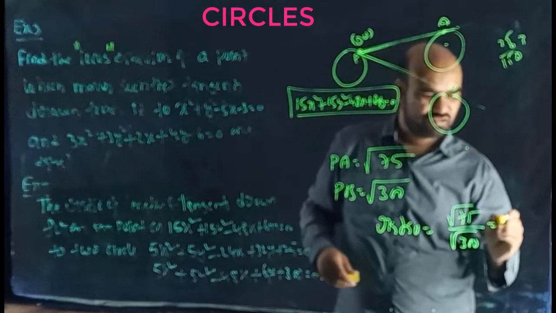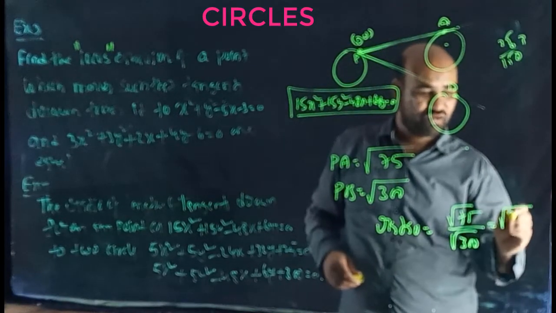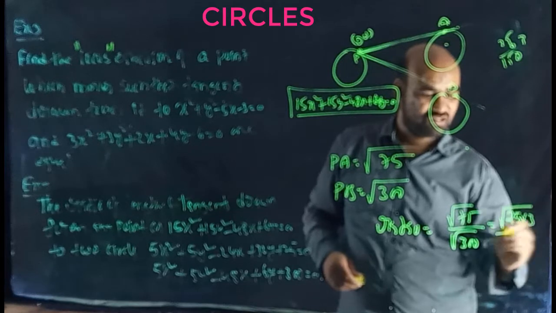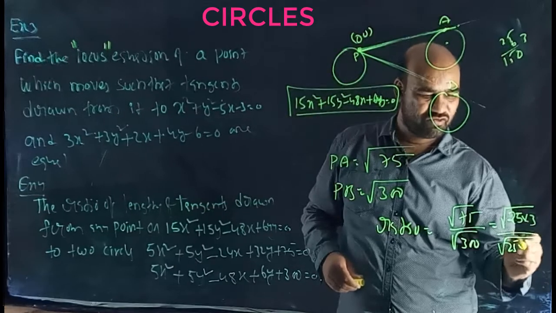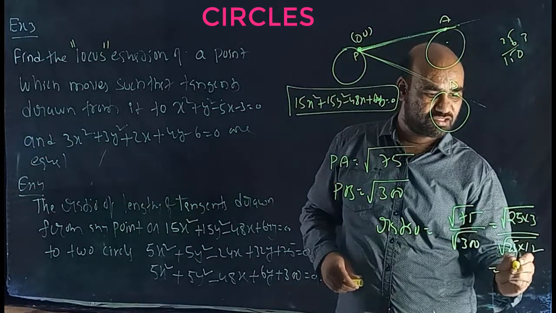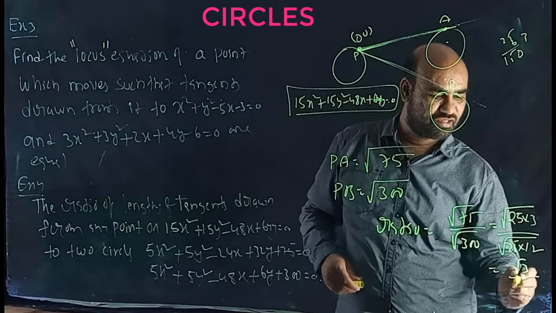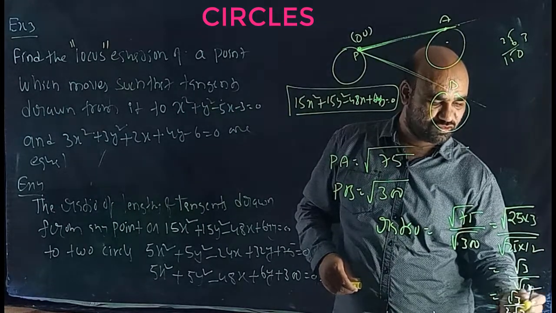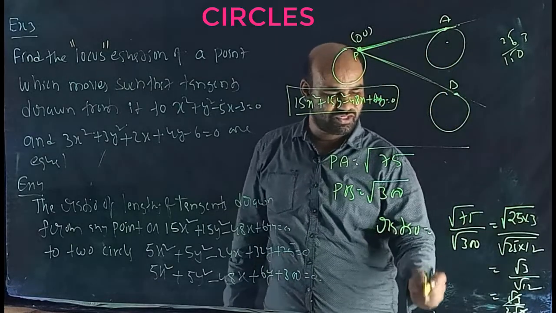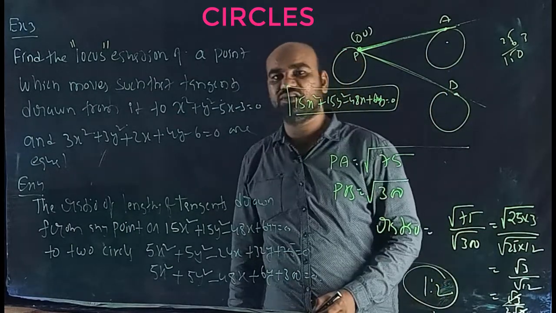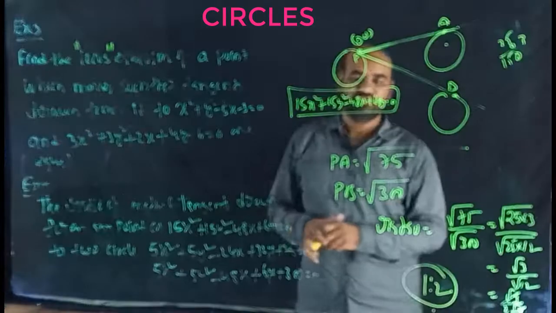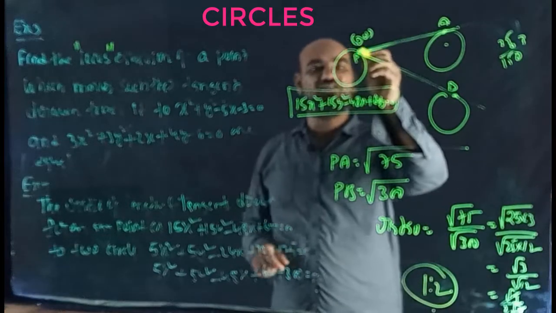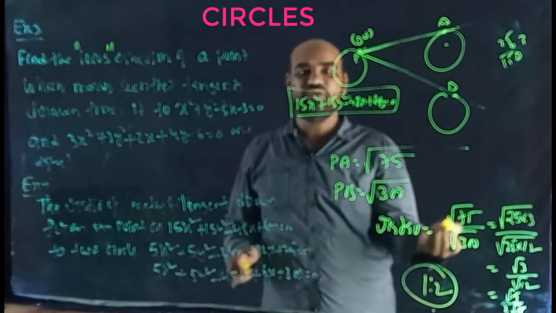Okay students, this is root over 25 into 3 by root over 25 into 12, that is root 3 by root 12, that is root 3 by 2 root 3, root 3 gets cancelled, 1 by 2, means 1:2. The required ratio is 1:2. Take any point on the circle other than 0, 0 and find out, your ratio should be 1:2 only.